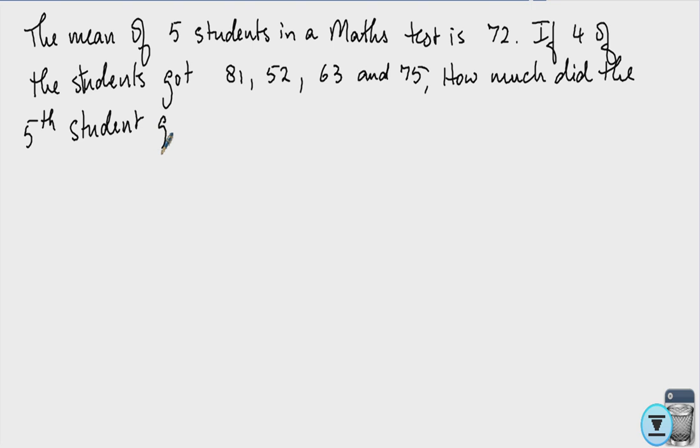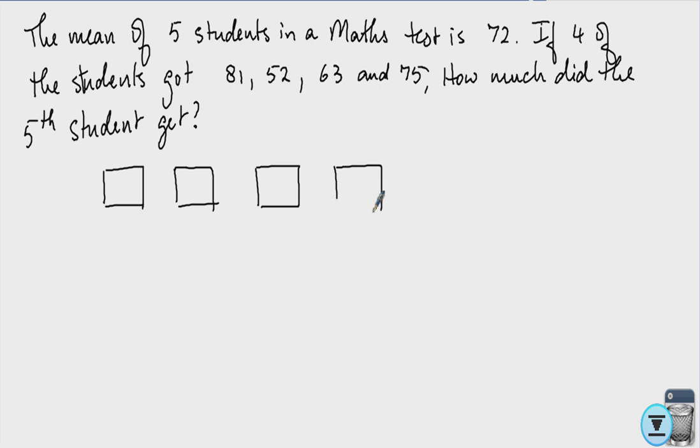So we have 5 students. They made a math test, and their average mark, their mean, was 72. Meaning, if I add all their marks, there were 5 marks. So 1, 2, 3, 4, and 5.